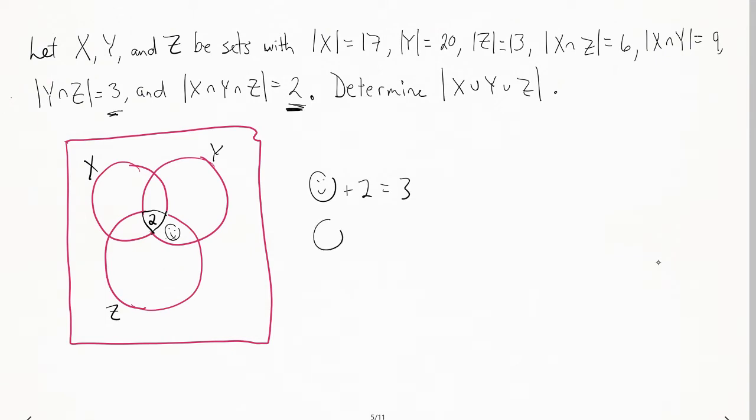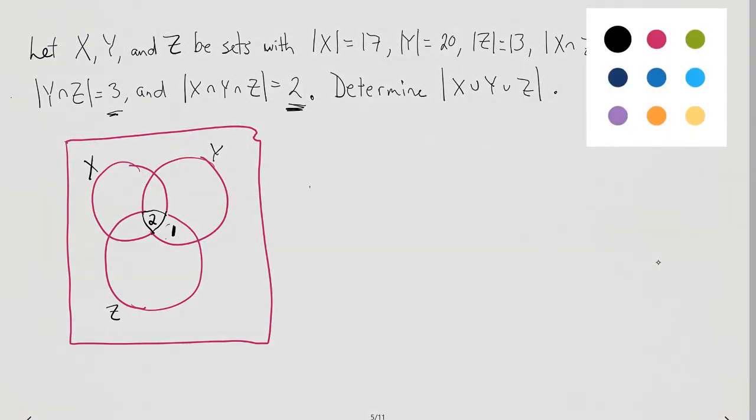So if we're to solve for how many appear right there, our smiley face equals 3 minus 2, subtracting 2 from both sides. So our smiley face equals 1. That allows us to put in 1 in that position. Notice we're working backwards: we do the stuff with the most overlap first, then we work our way on up.